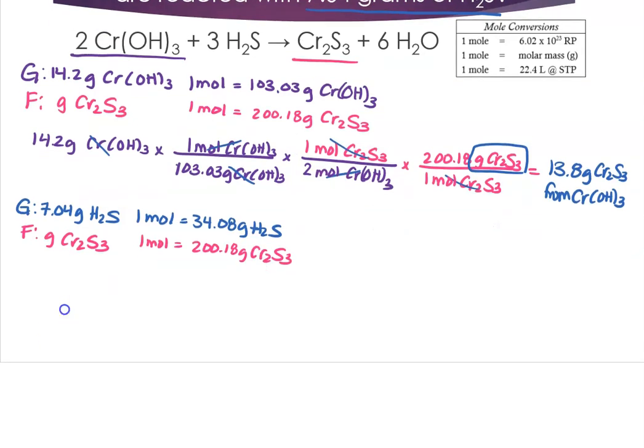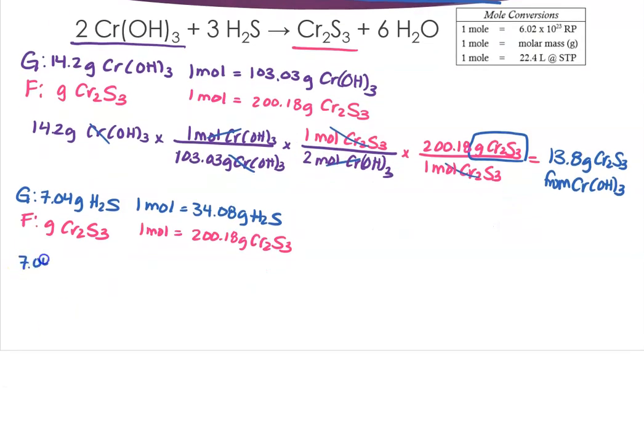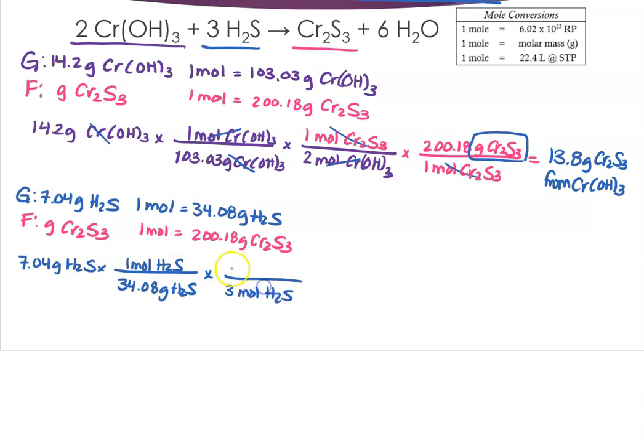All right, so let's set up our problem. We're starting with 7.04 grams H2S. So we divide by molar mass and 1 mole H2S on top. Then we do mole ratio, 3 moles H2S, and still 1 mole of Cr2S3.